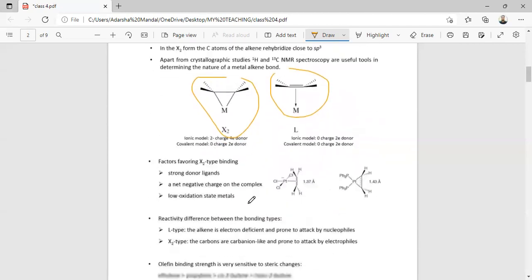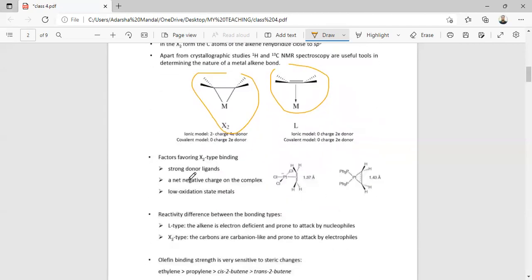The factors favoring X2 type binding are: a stronger donor ligand on the metal center, a net negative charge on the metal complex, and a low oxidation state on the metal center.